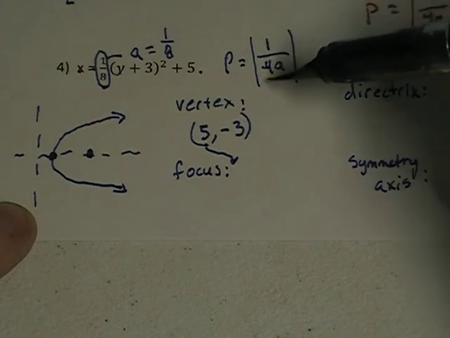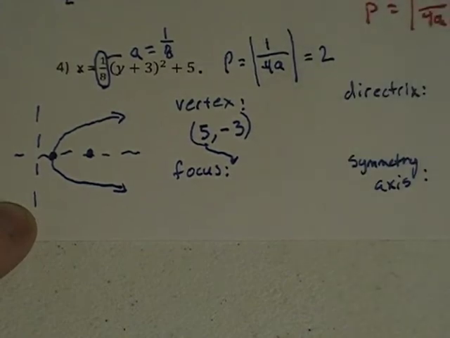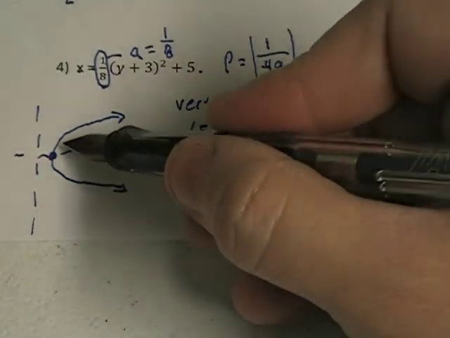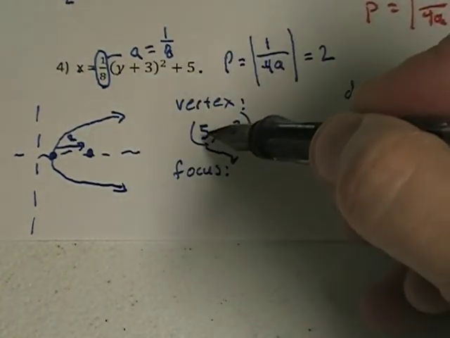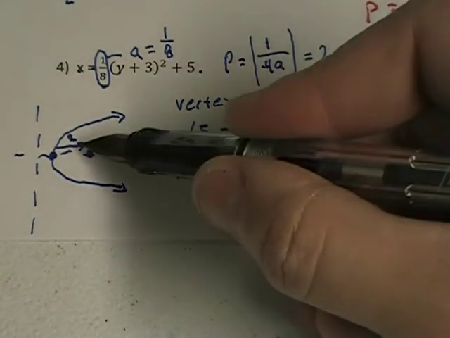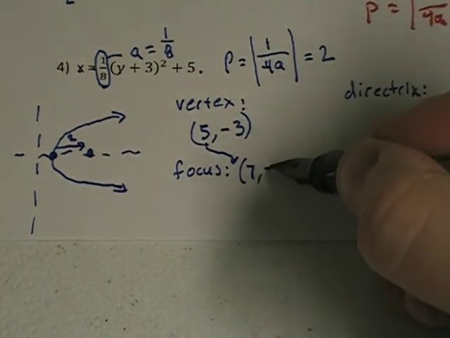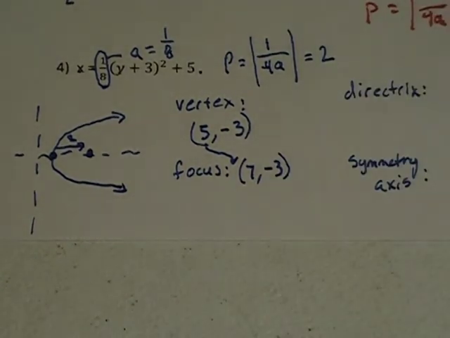And 1 divided by 1/2 is 2. So this distance from here to here is 2 units in the x direction. So if this is 5 and I move 2 units to the right, this is 7, -3, because it didn't move up or down, it only moved to the right.